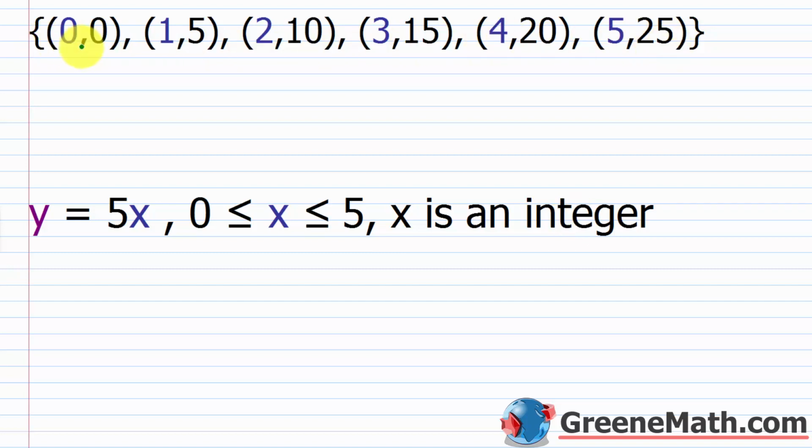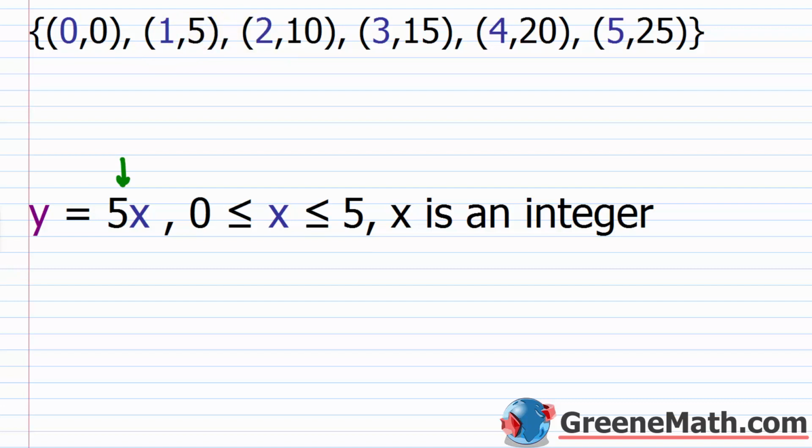So we have (0, 0), (1, 5), (2, 10), (3, 15), (4, 20), and (5, 25), right? Each of these represents solutions to this equation. Again, given these two constraints, these are the only possibilities, okay? And you can see that these values are related to each other. Buying 0 gallons of gas is related to spending $0. Choosing to buy 1 gallon of gas is related to spending $5, right? So on and so forth.